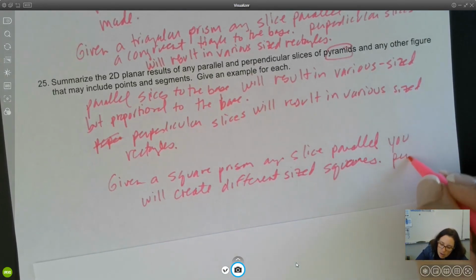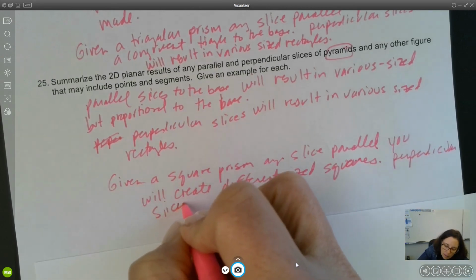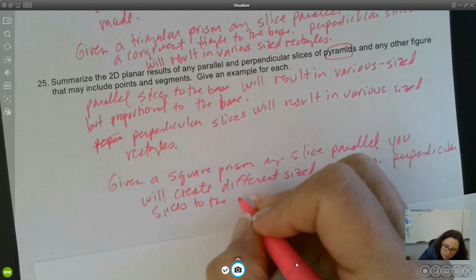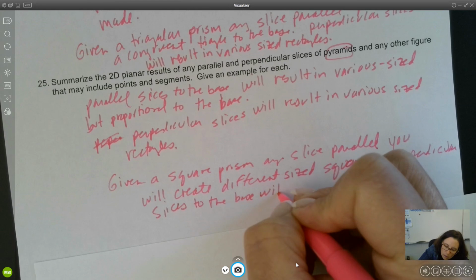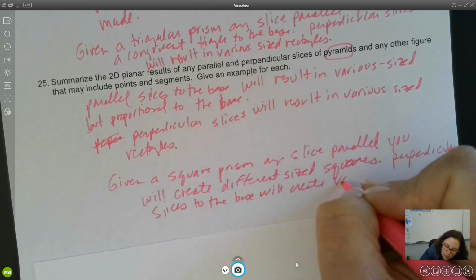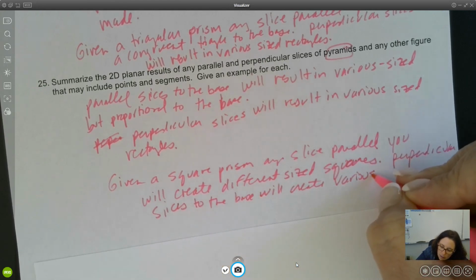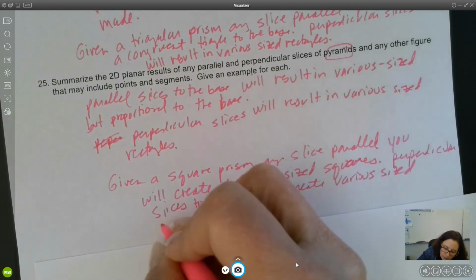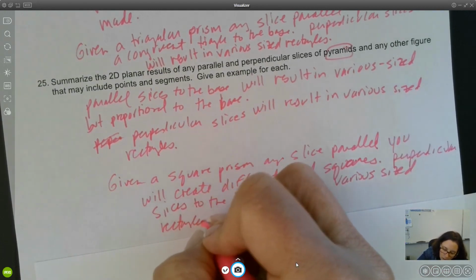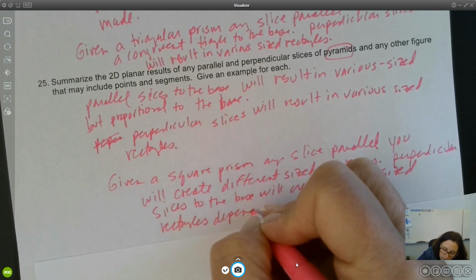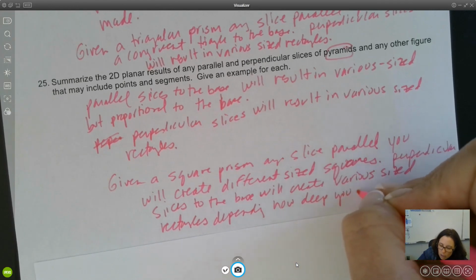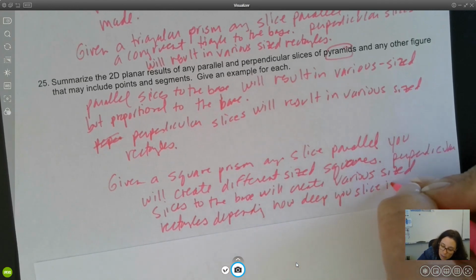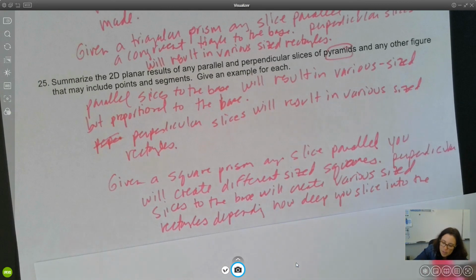Perpendicular slices to the base will create various sized rectangles depending how deep you slice into the solid.